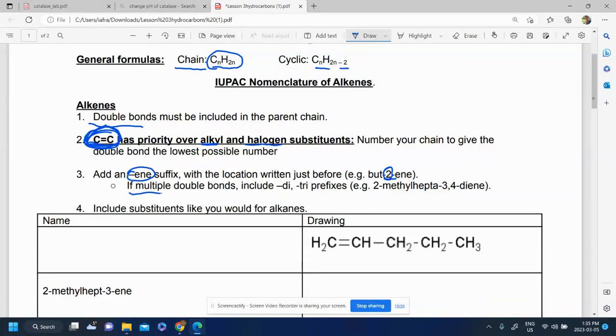Sometimes you might have multiple double bonds. If you do, you'll name it as you see here. You'll name your molecule as you typically would. You'll leave the A over here, so you won't drop the A. You'll put the numbers that represent where your double bonds are, and then you'll choose a prefix that shows how many double bonds you have. So if there are 2, you'd put di and then ene. And we'll see more examples of that as we do the practice in the table below.